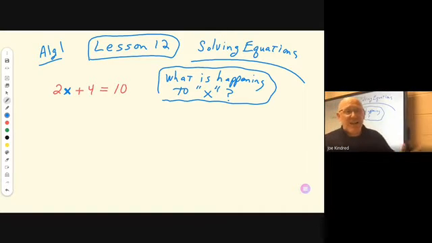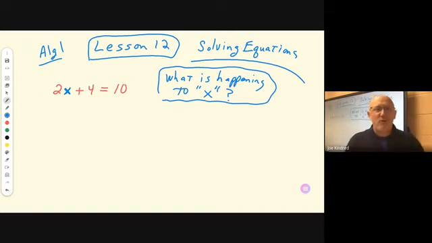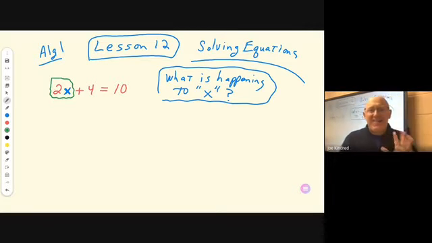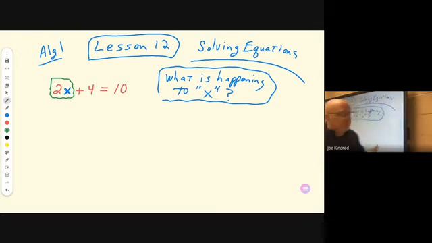On the left-hand side, there's two things that are happening. First, you see that initially, this thing right here, we're adding 4 to it. And so when you ask that question, what is happening to x? You always want to identify, well, I'm adding and it looks like I'm multiplying.